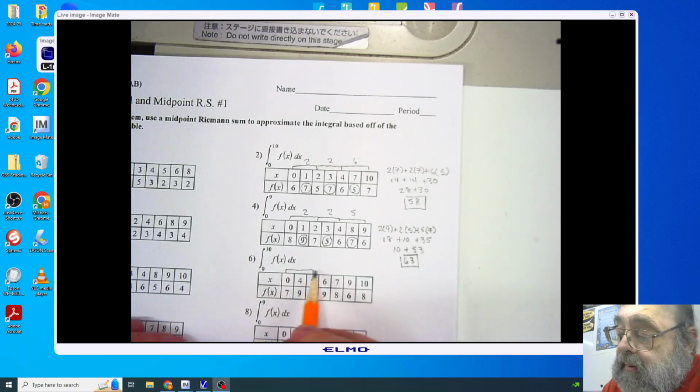Going over, going over, so that we see, even if it is an approximate midpoint.